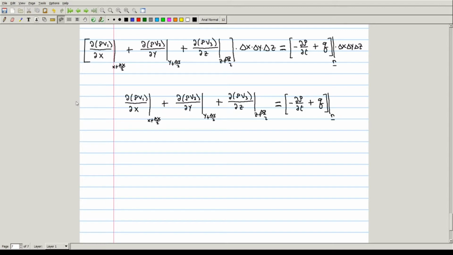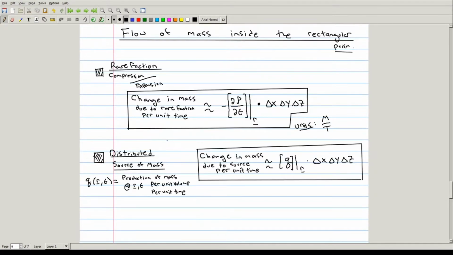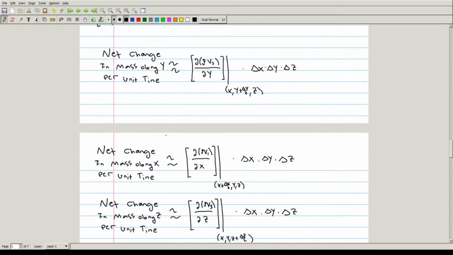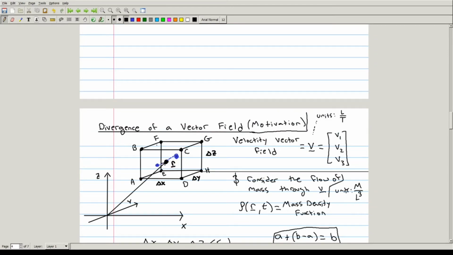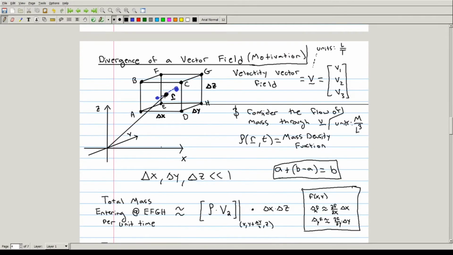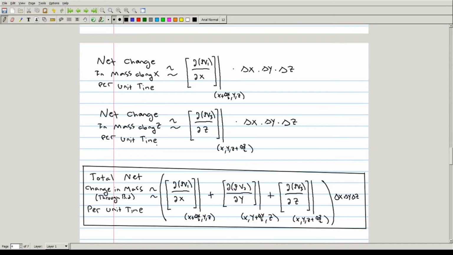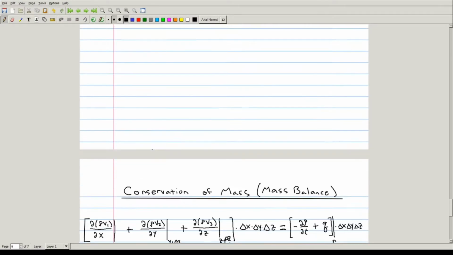Because all of these expressions are approximations, and they become equalities when delta x, delta y, and delta z go to 0, or this cube shrinks down to the point itself, R.